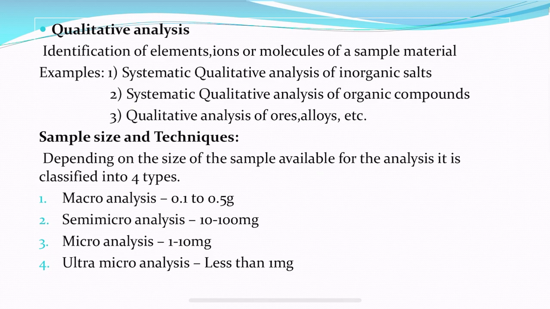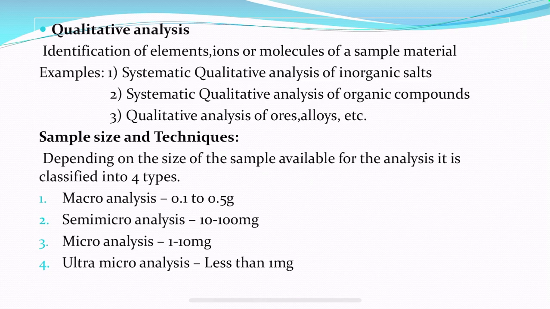In the same way, we can also do systematic qualitative analysis of organic compounds, and also qualitative analysis of ores, alloys, etc. So these are the three different examples which we can give for a qualitative analysis.